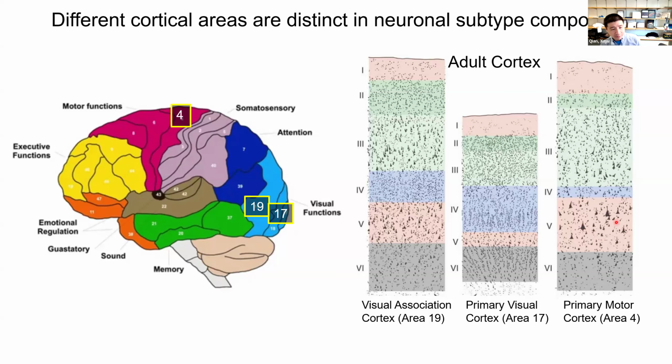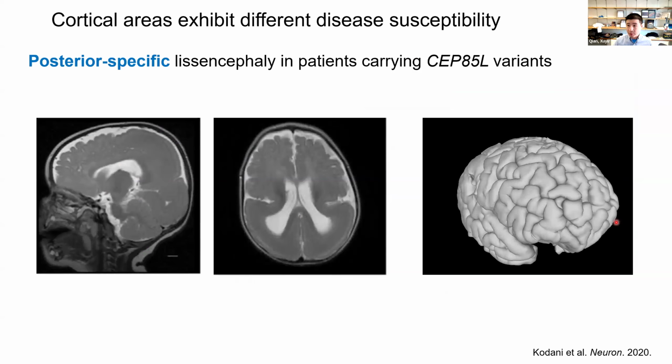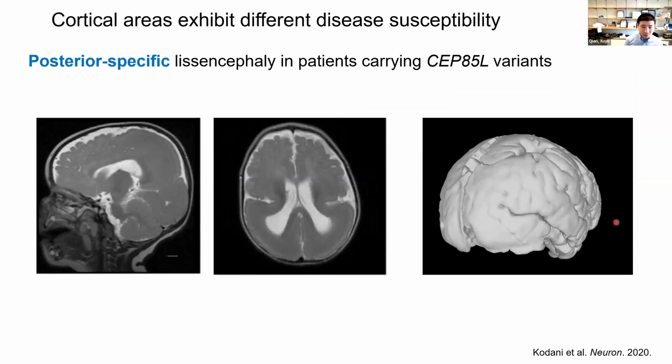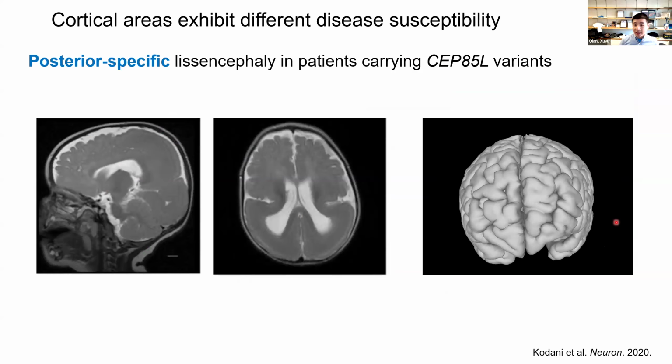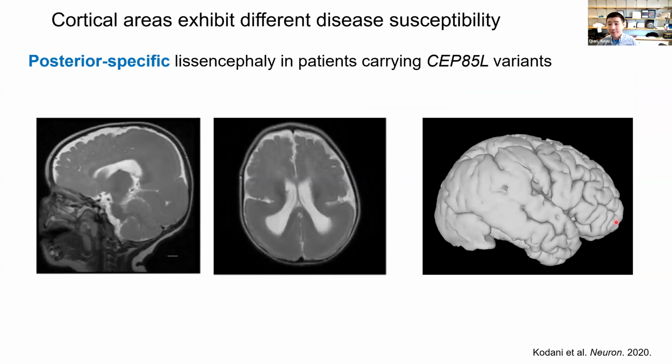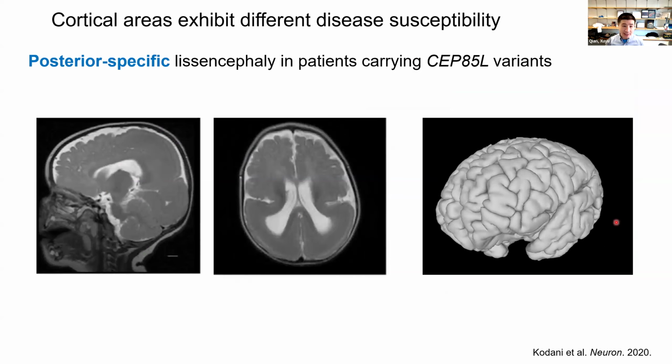But understanding different cortical area specification, or the process called arealization, is important because we know that neurodevelopmental disorders often impact specific cortical areas instead of everything together equally. So I'm giving a very dramatic example here.